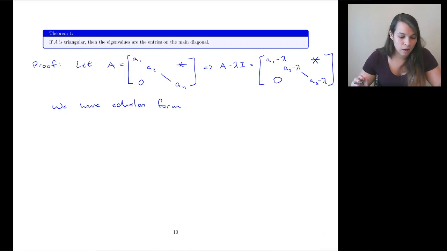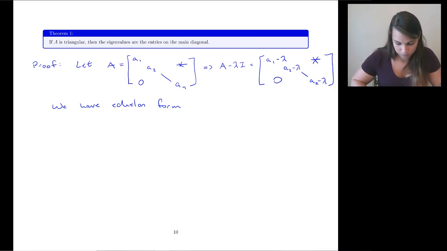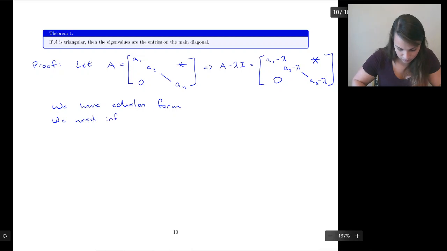So now what I'm going to remind you of is that we're going to have solutions if we have free variables, right? Because remember, we're in the infinitely many case. So we need infinitely many solutions.